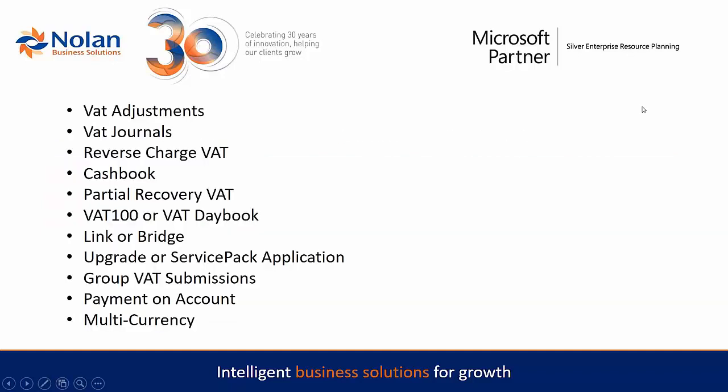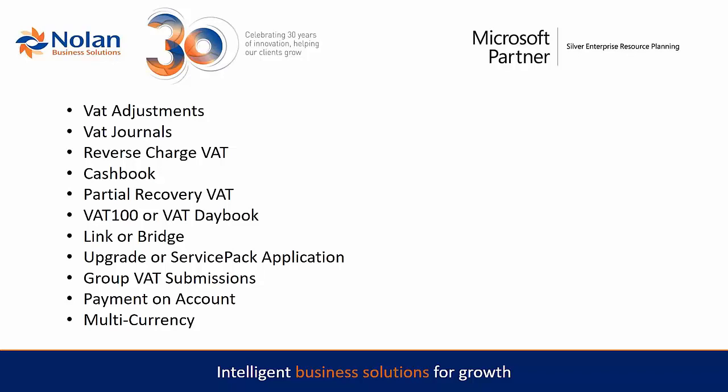Okay, other things you're going to want to consider. Obviously, the whole point of this, if you're not using the bridging method, if you're using the link method, is that all your tax reporting needs to be in your ERP system in GP. So you're going to have to think about how you're doing your VAT adjustments and stuff like that if you're not already in GP. So enabling tax for VAT journals and things like that in the GL so that a tax detail ID can be attached.